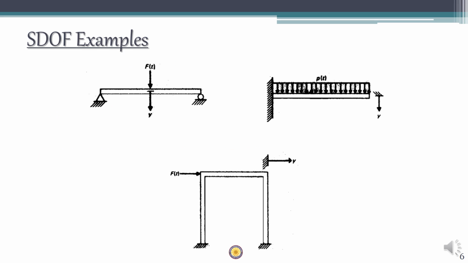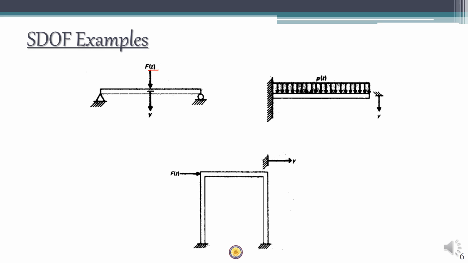Now let's see some examples of SDOF. SDOF is single degree of freedom, which means we analyze only one direction of motion. Here we have a simple beam and we consider only the motion directly below the applied dynamic load F(t).